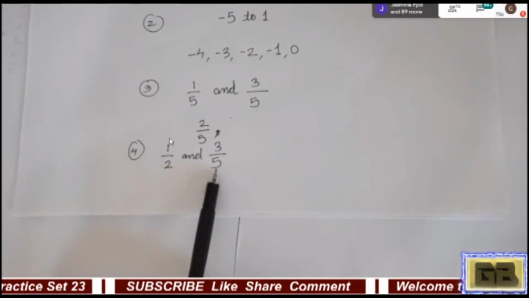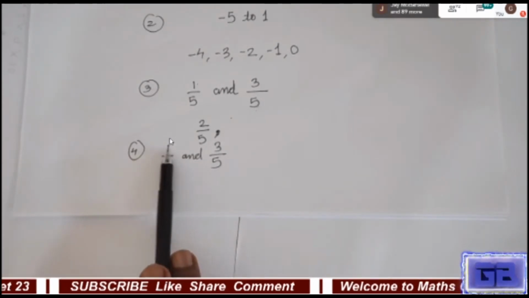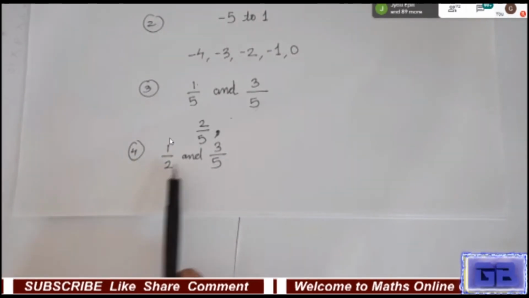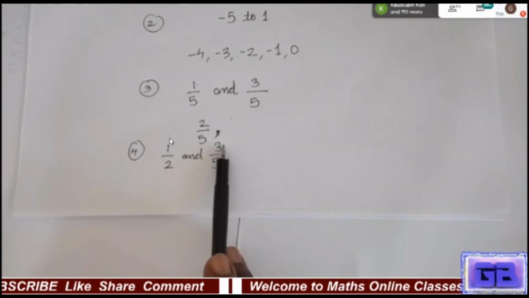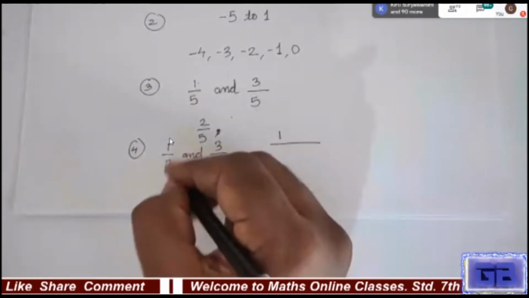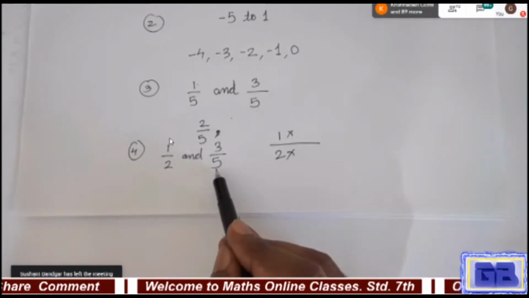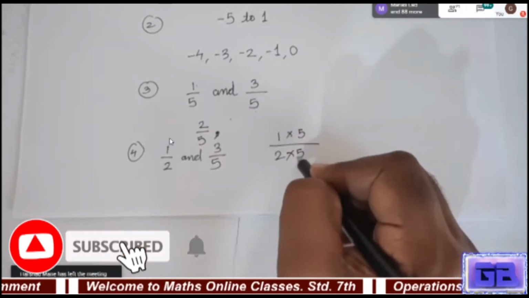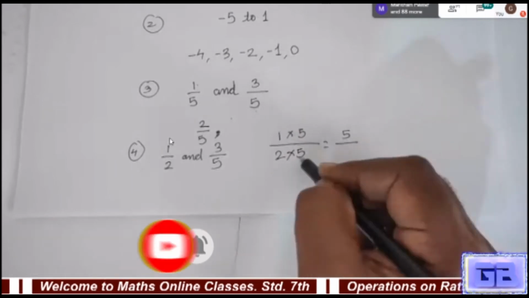You take denominator 5 and multiply the first fraction's numerator as well as denominator with it. So 1 upon 2, multiplication sign, and we multiply with 5 at both places. 5 ones are 5, 5 twos are 10.